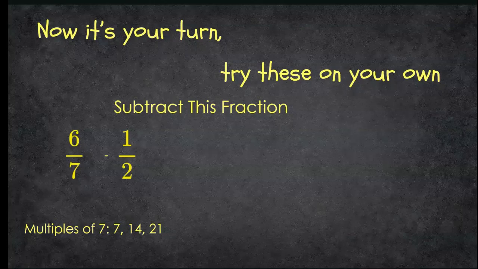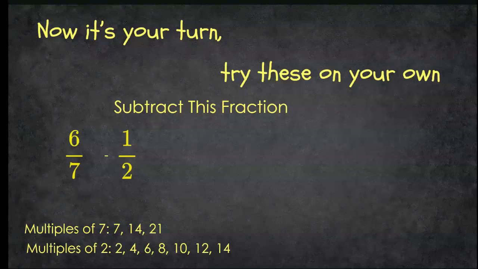Alrighty, let's see how you did. 6/7 minus 1/2. We can see that they do not share a common denominator, so we're going to make some equivalent fractions with common denominators. I listed out my 7s: 7, 14, 21, and here are my 2s. And then I can see that they share a common multiple of 14.